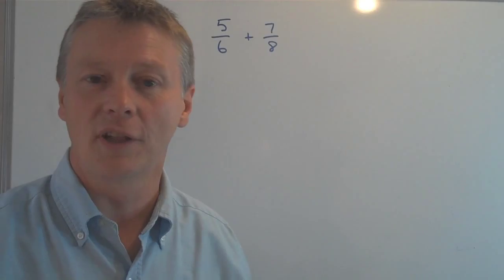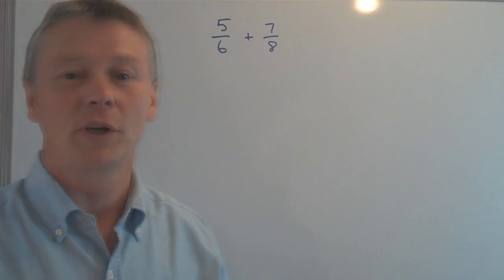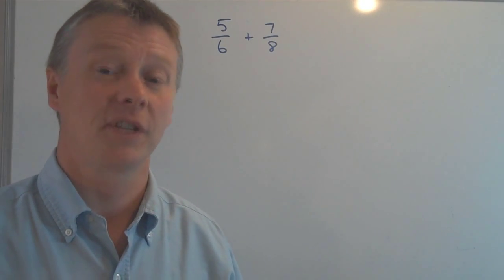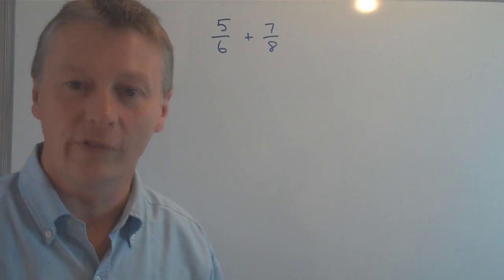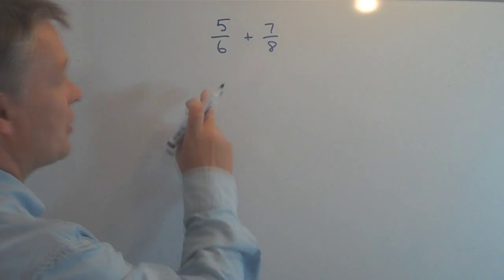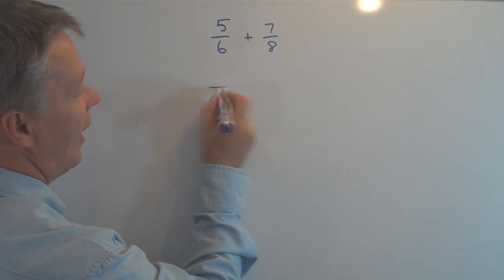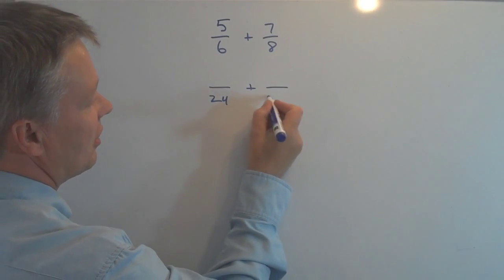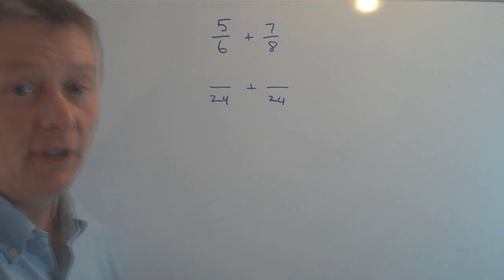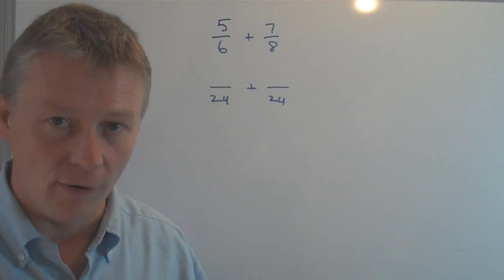Or I could use the lowest one, which is 24 in this particular case. So I'm going to use the principle of equivalent fractions, and create a situation where both of these fractions are something over 24 plus something over 24.